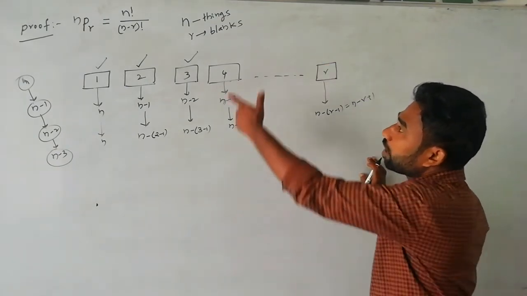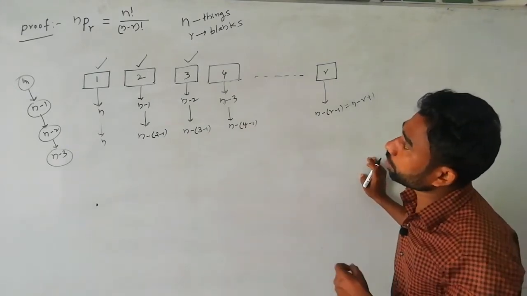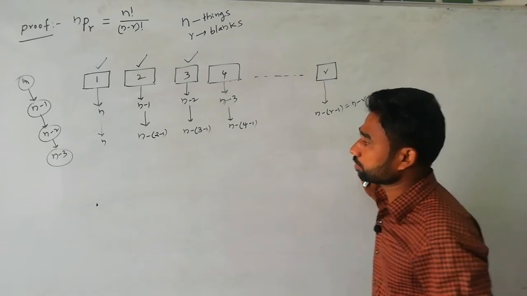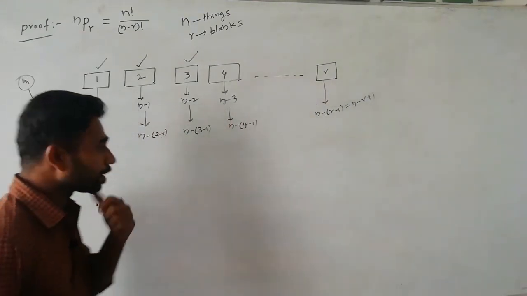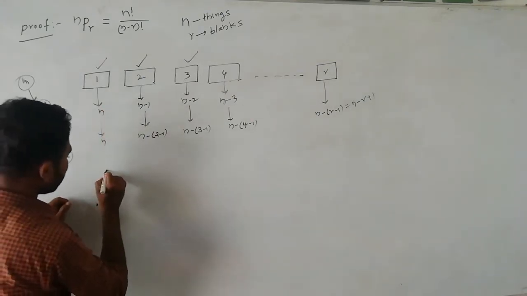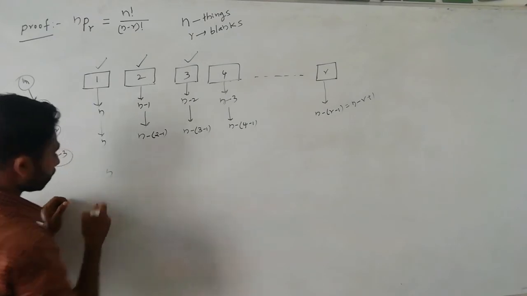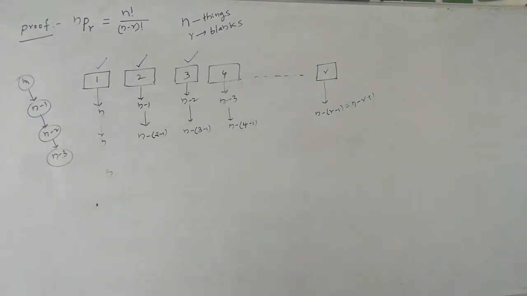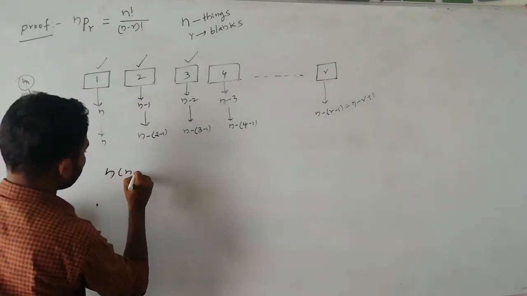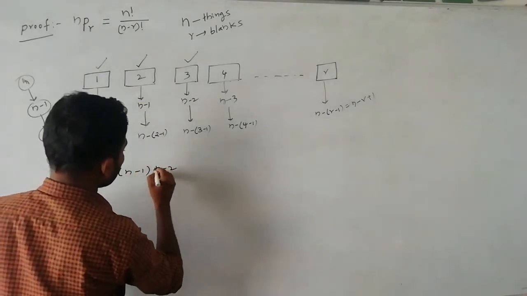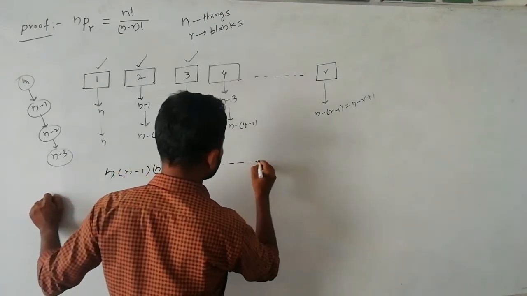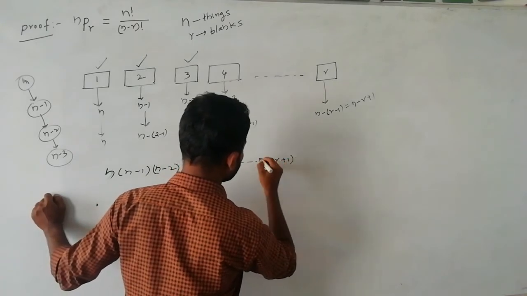But how to get the formula? It is given in the short form n factorial by (n minus r) whole factorial. What is this? Okay, listen once. Here we can write the product n, n minus 1, n minus 2, n minus 3, and so on, up to n minus r plus 1.